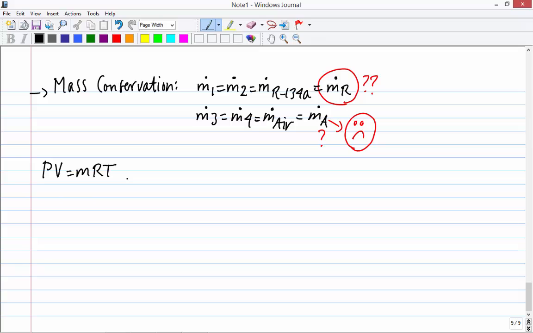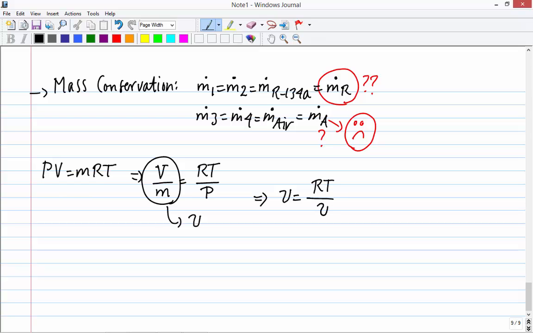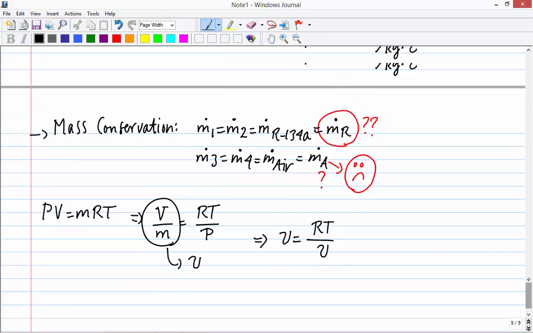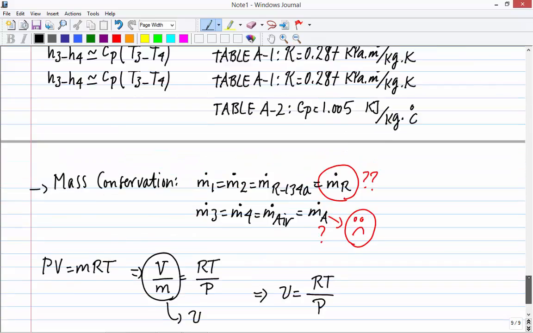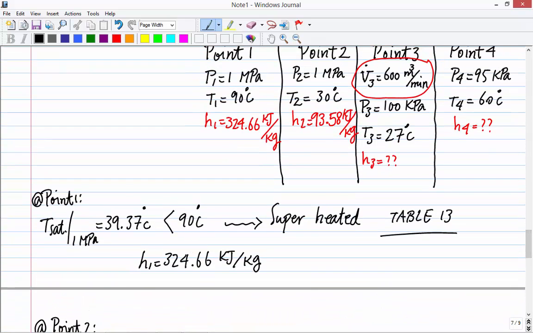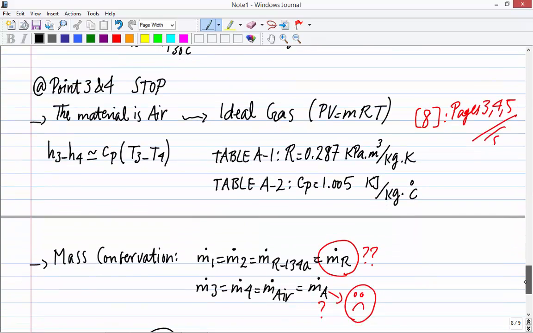And therefore V divided by mass equals RT over P. This is specific volume, little v, right? Therefore, little v equals RT over P. And I have R, T, and P at point 3. See, I have everything, so I can find little v.